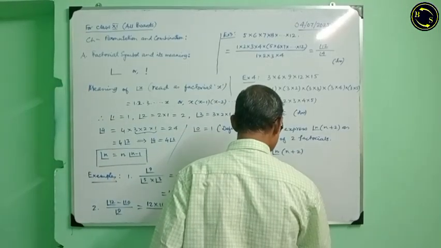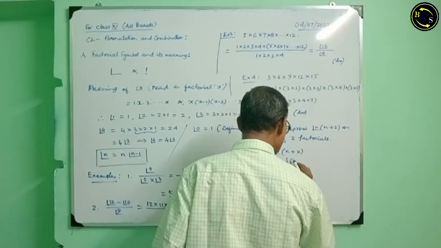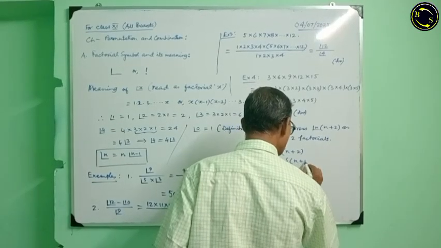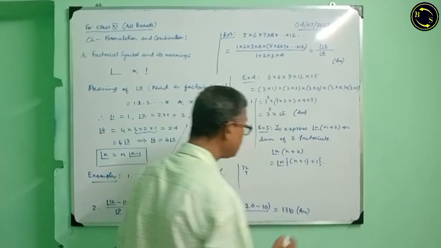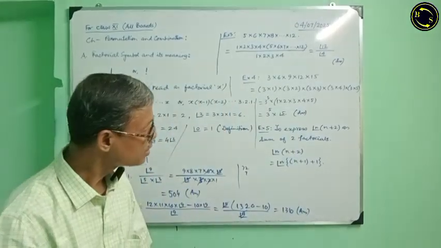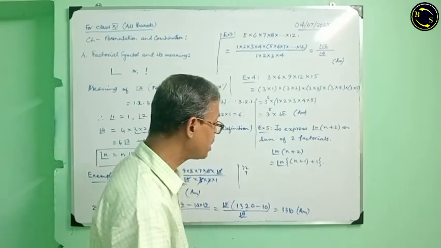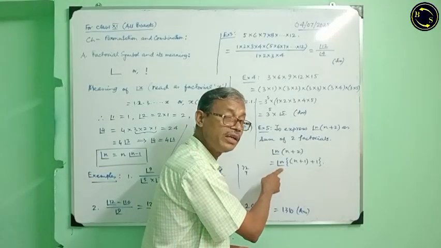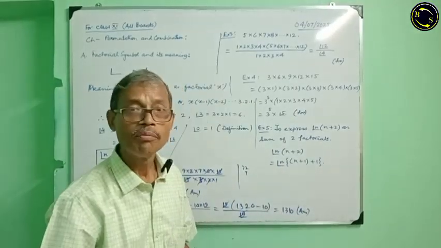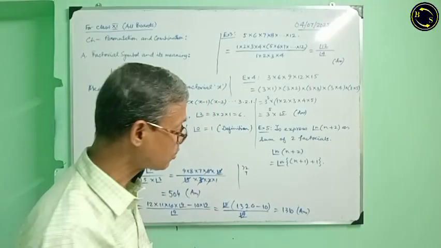This can be written as factorial n into n plus 2, where n plus 2 can be written as sum of n plus 1 and 1. Why I have taken n plus 1? Because here it is factorial n. If I multiply that by n plus 1, then I shall get factorial n plus 1.